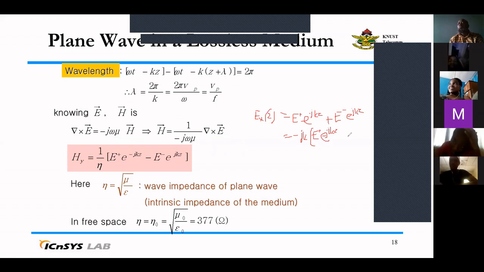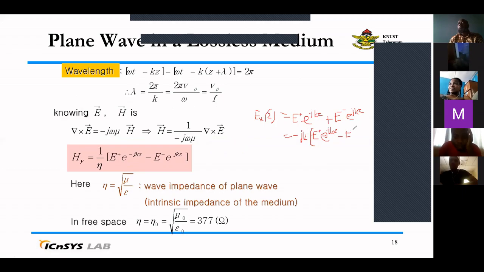That's minus. So since I'm taking minus JK out, this will be minus also, E minus EJKZ. Okay, so now from here, curl of E equals minus J omega mu H. We can see that H equals what?